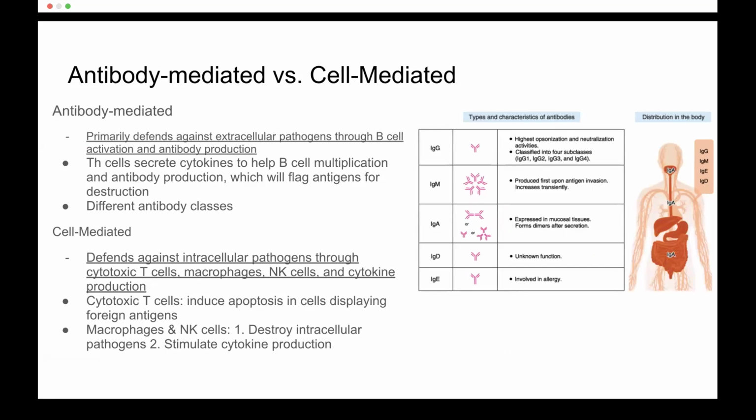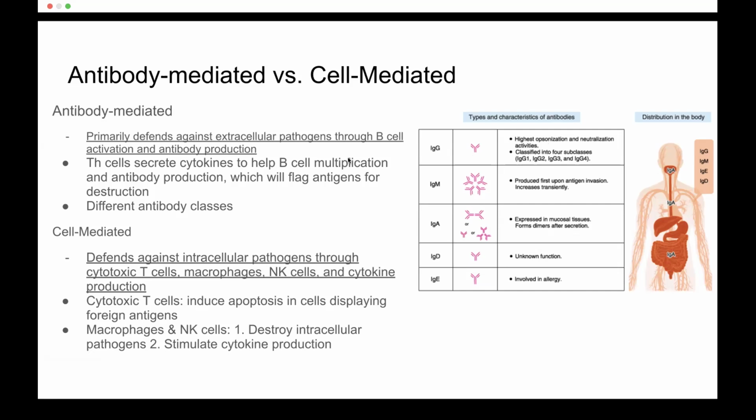And going on from that, within adaptive immunity, what are the two different types of mediated response? We have antibody mediated and cell mediated.